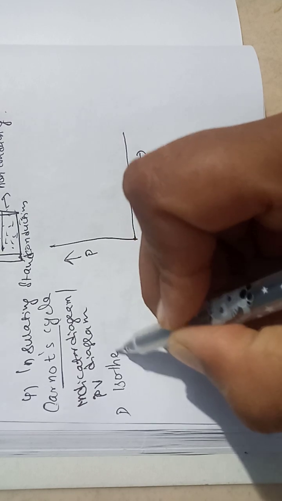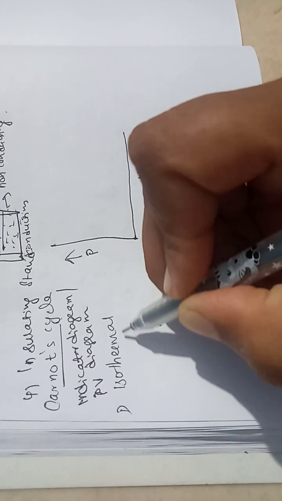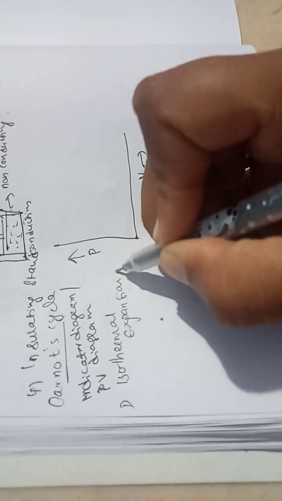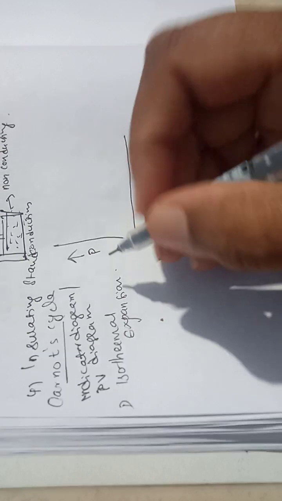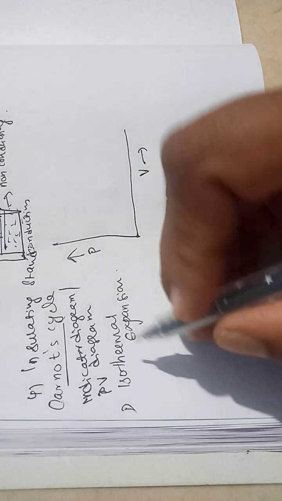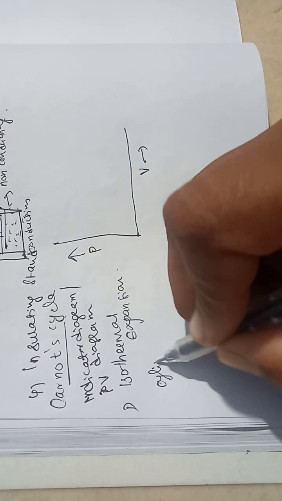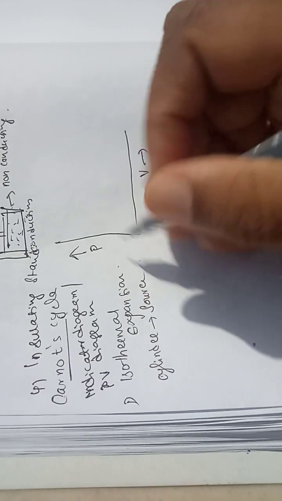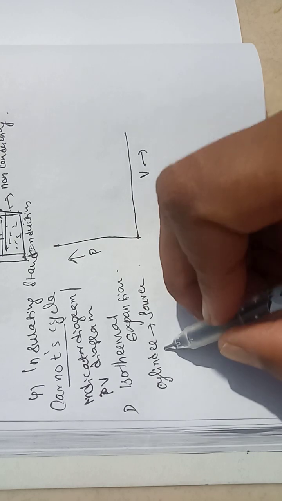First one, isothermal expansion. In isothermal expansion, we place the cylinder on the source. Now what happens here?